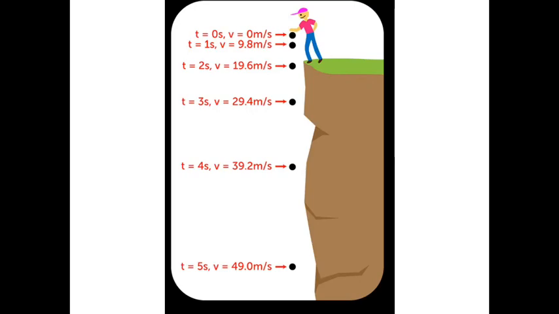So after 2 seconds, the speed is 9.8 plus 9.8 more, which is negative 19.6 meters per second. After 3 seconds, the velocity increases by another 9.8 meters per second. So it becomes negative 29.4 meters per second. Every second, in this case, the velocity is changing by negative 9.8 meters per second.